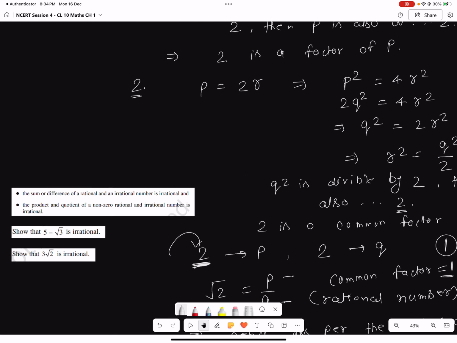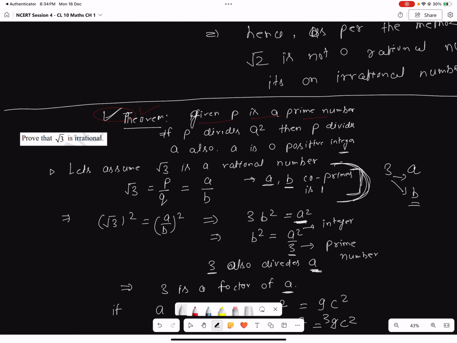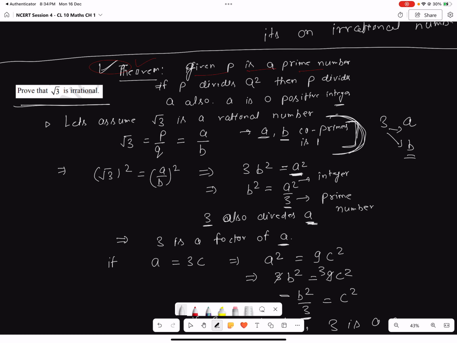All right. And similarly, we have taken that approach and we have proven that root 3 is an irrational number. The same approach. There's no change in the approach. Nice and easy. And I can 100% guarantee this question will come up in your board exam next year. So whichever year, CBSE will definitely ask this question.